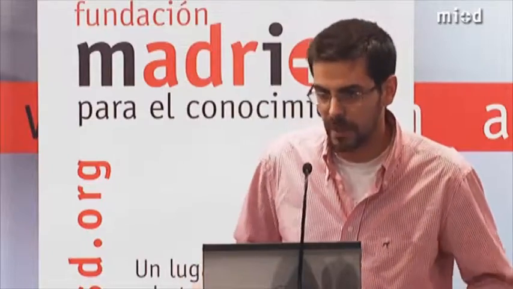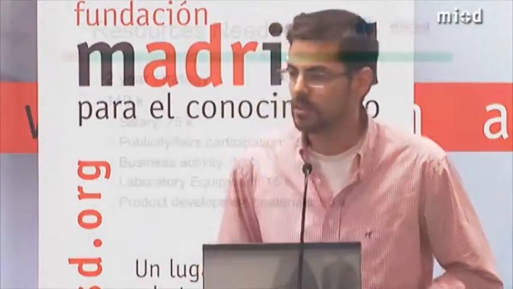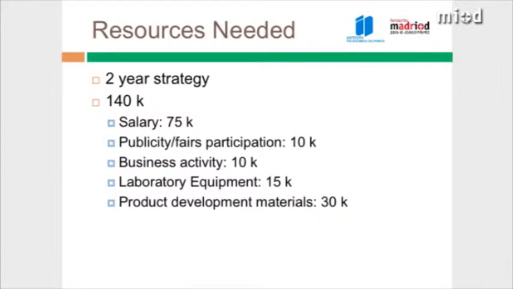That is, on one side, from the board sales, and on the other side, from the users that go to our web application to configure, monitor, and control their systems, their farming production. We have a 2 years strategy. For that, we come to ask 140K.